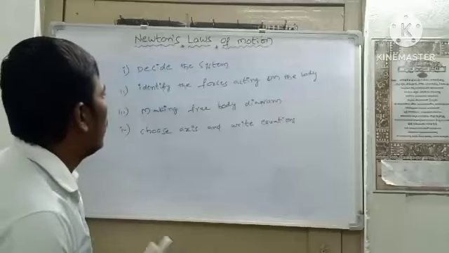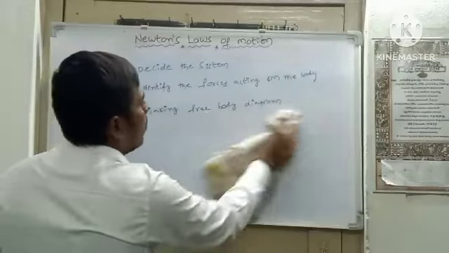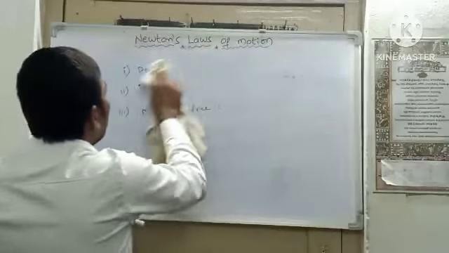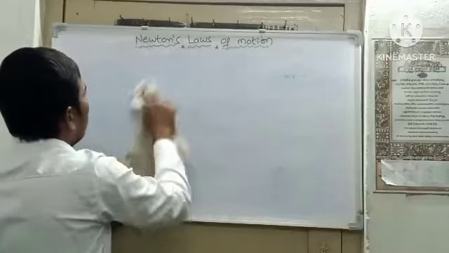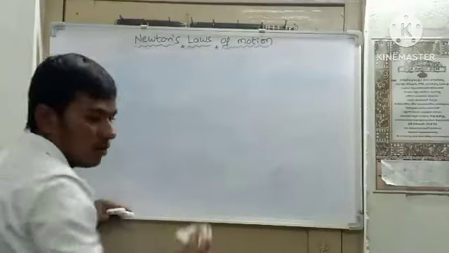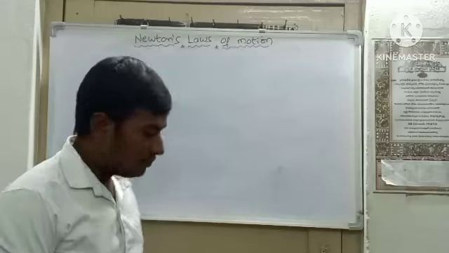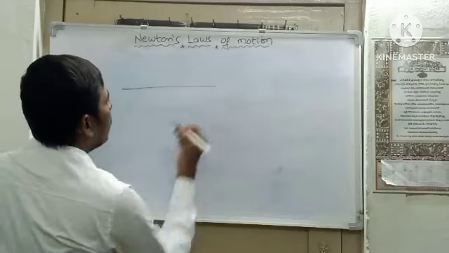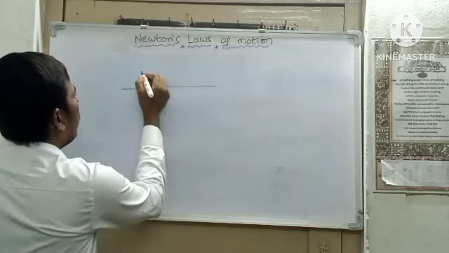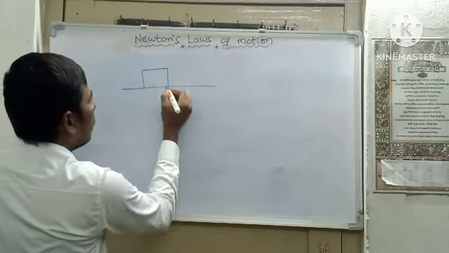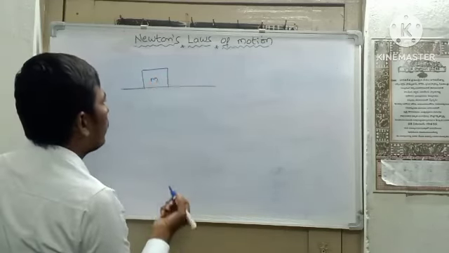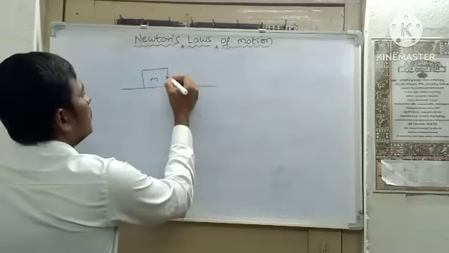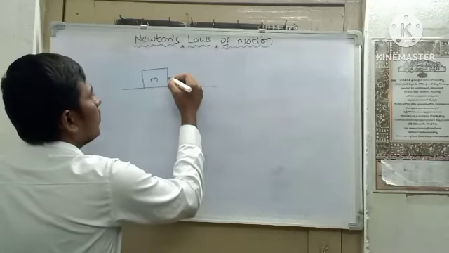So we are going to draw the figure clearly. By using figure, you have clear idea. So here the table there, and a body of mass m, which is connecting with the string.